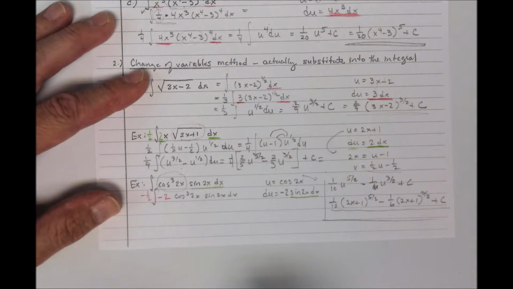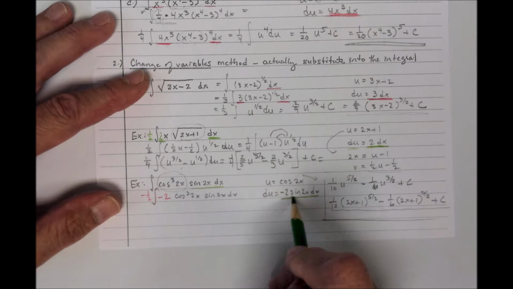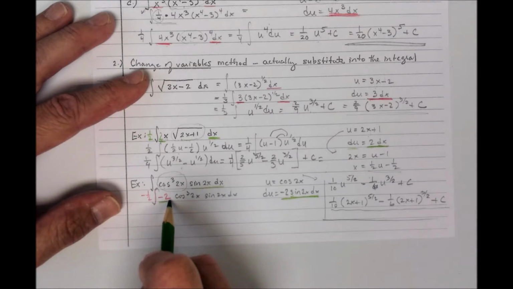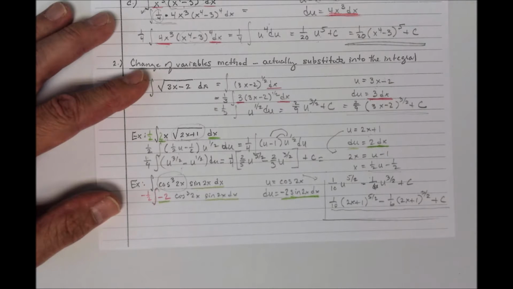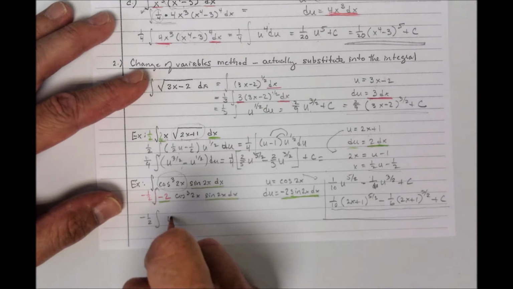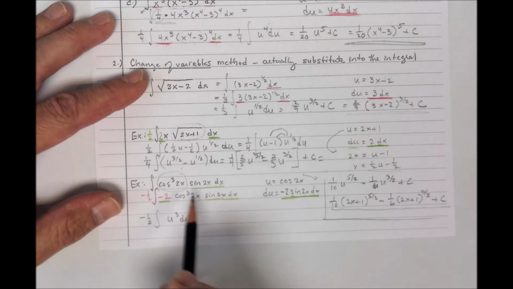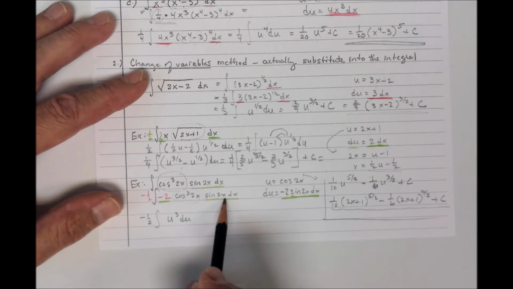Now I'm ready to do some substitution because now I have all of it. I have the entire negative 2 sine 2x dx for my du. Sounds like double talk. This is negative 1/2 the integral of u to the 3rd du. This is my u. Plug in, and then this is my du. This is easy.